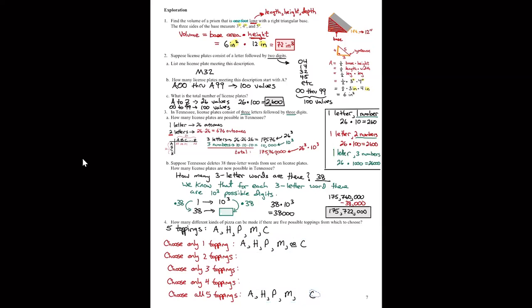Because if you're only choosing one, it's either going to be the anchovies or the ham or the pineapple or the mushrooms or the clams. If you're choosing all five of them, then it's going to be the set of all five of those, right? So this is one outcome.